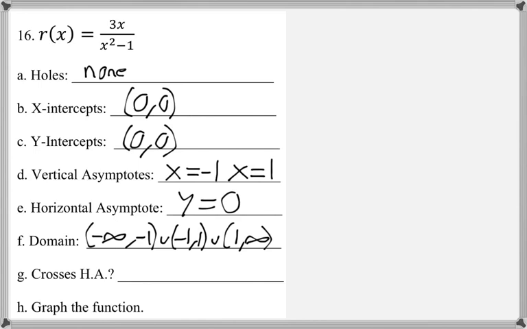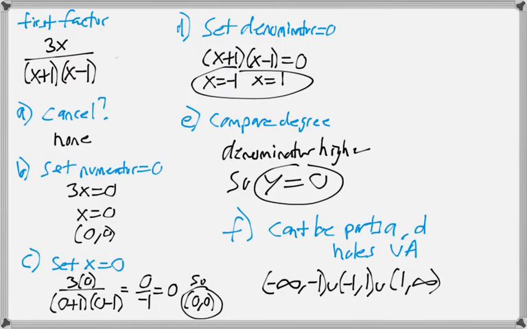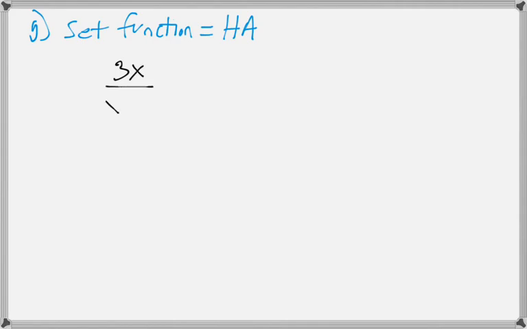And then it wants to know, does our graph actually cross the horizontal asymptote? So is it going to cross y is equal to 0? And to do that, we need to set our function equal to the horizontal asymptote. So my function, I'm going to use this version of it, 3x over x squared minus 1 is equal to 0.